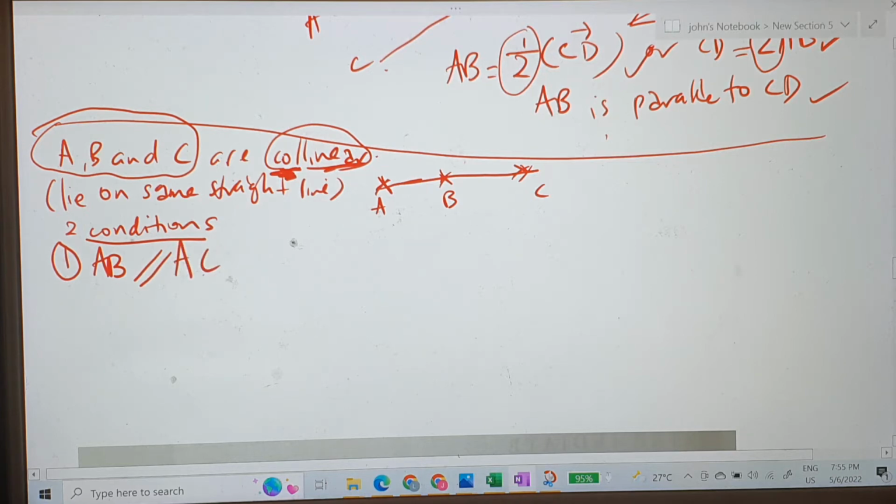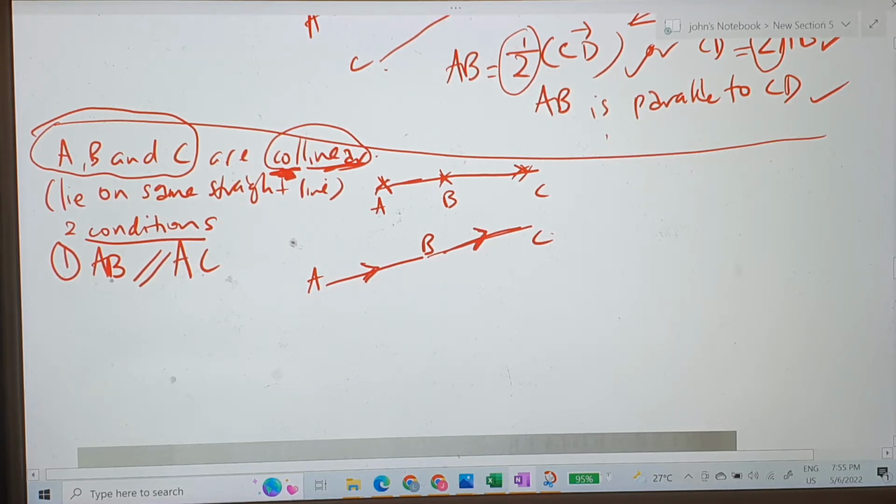That means if this is AB, then this is BC. These two lines must be parallel, pointing in exactly the same direction. Not only that, the second condition is they must have a common point. And in this case, the common point is A.